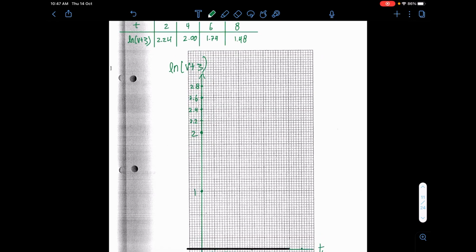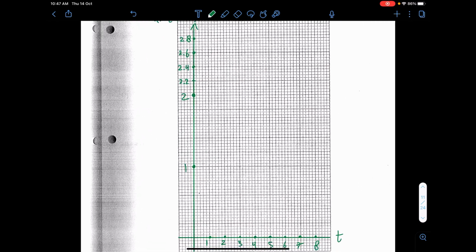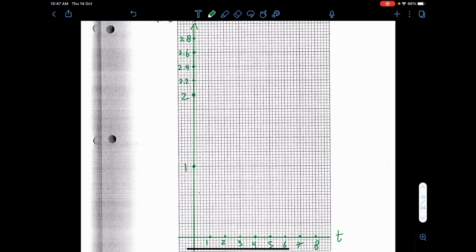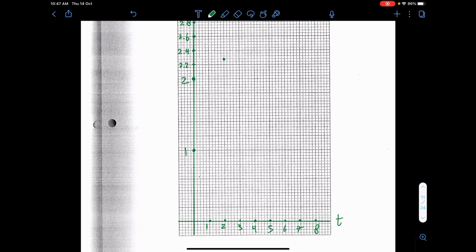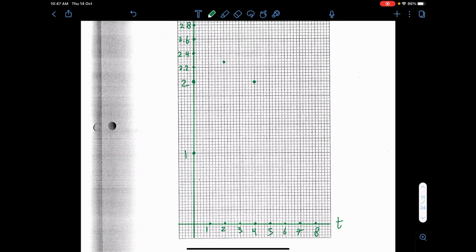Okay, so let's try to sketch it. First is 2, 2.24. 2 is there, so 2.24 must be somewhere around here, a little bit off here. Next is 4, 2. Then next is 6, 1.74.